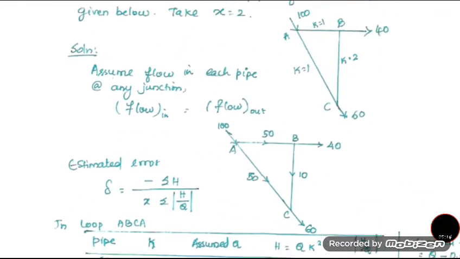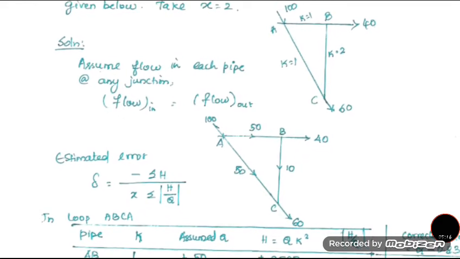So here at point A it is 100, at point C it is 60, and the total flow of 100 is divided into 50 and 50. We assume 50 is flowing in AB and 50 is flowing in AC.